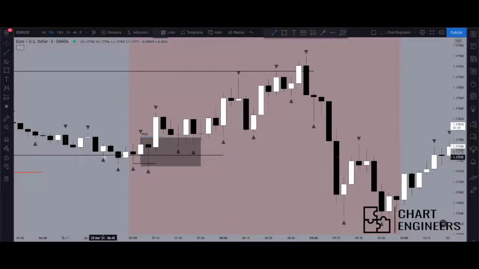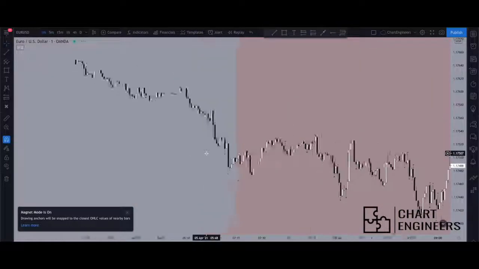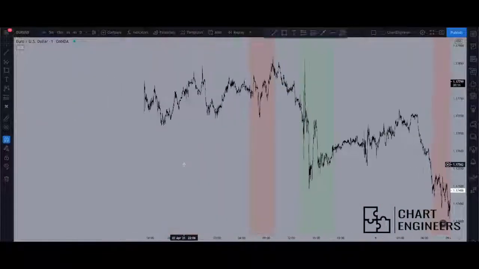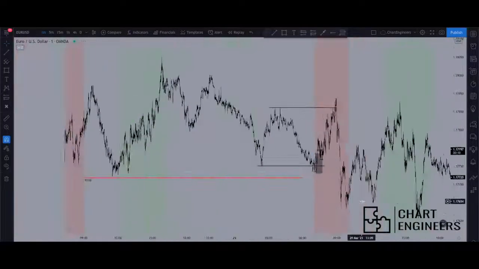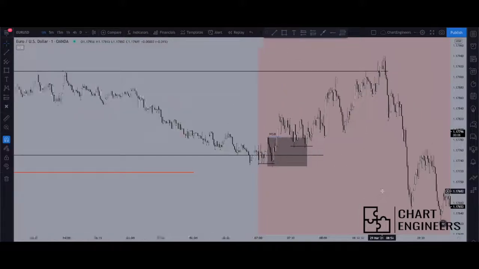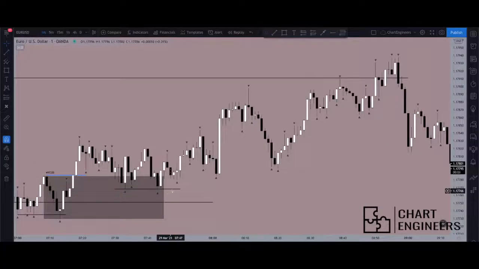So there we had the H1 raid, then we've got another M5 raid here. Go back to your 1 minute time frame. Your most recent fractal high would be these double tops.